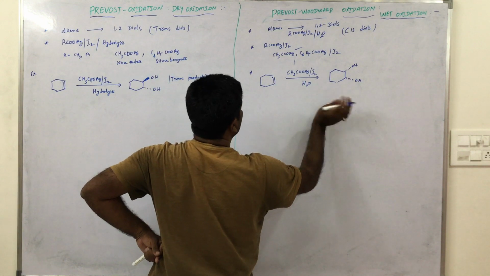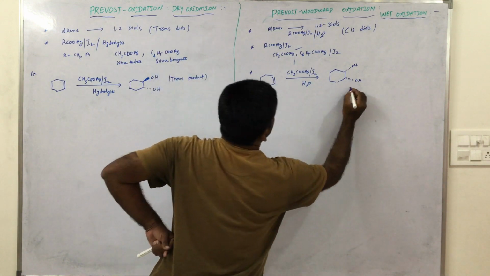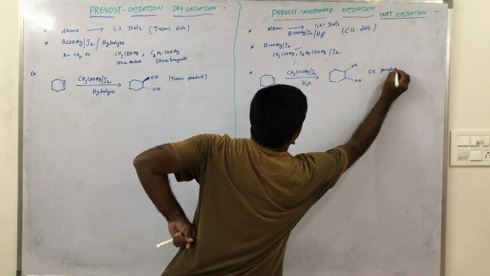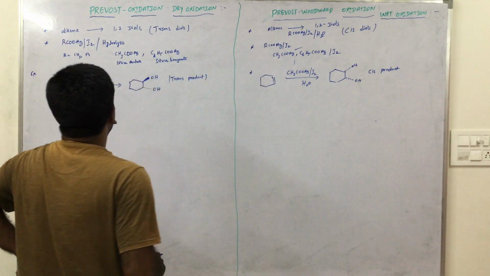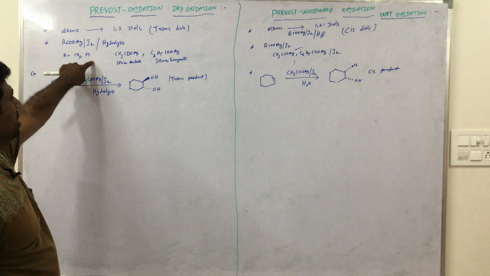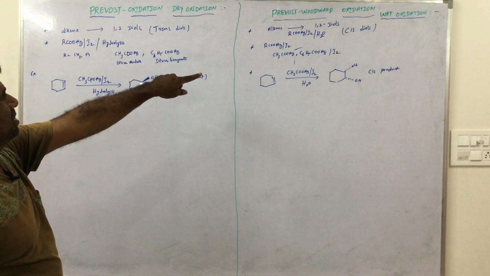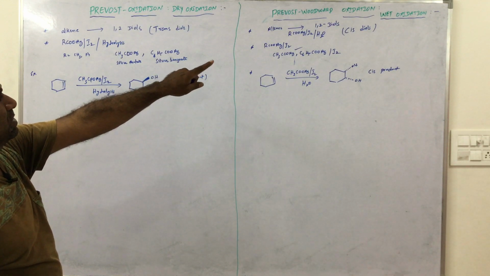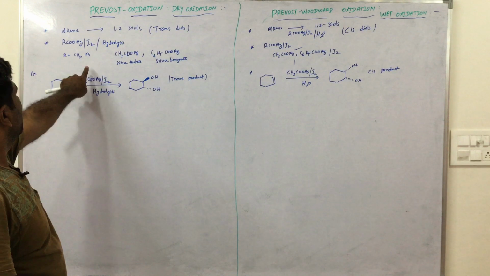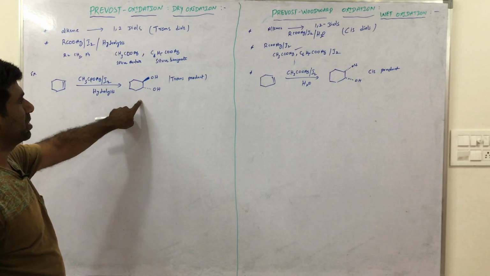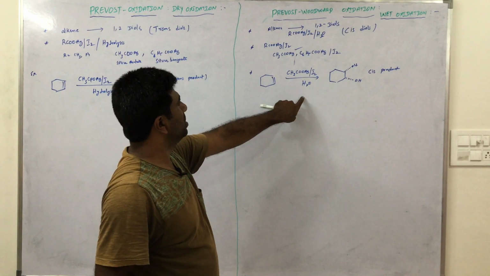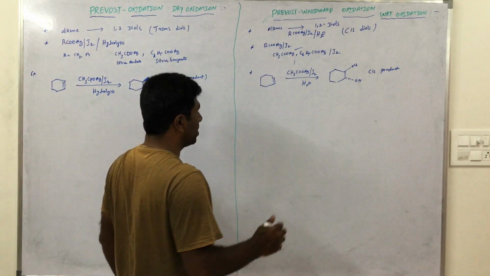This is the 1,2-diol, the cis product. Same reagent, but here hydrolysis takes place in the second stage. That's why that reaction is called wet oxidation, and this one is dry oxidation. In Prevost oxidation the trans product is obtained; in Woodward oxidation the cis product is obtained.